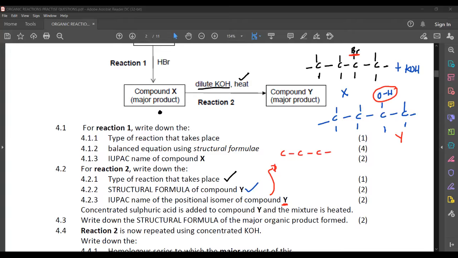Instead of putting the OH on carbon number 2, I put it on carbon number 1. The position of the functional group, the hydroxyl, has changed. So positional isomers differ in the position of the functional group. In Y, it was on carbon number 2. In its positional isomer, the OH is on carbon number 1. So that's the structure of the positional isomer.